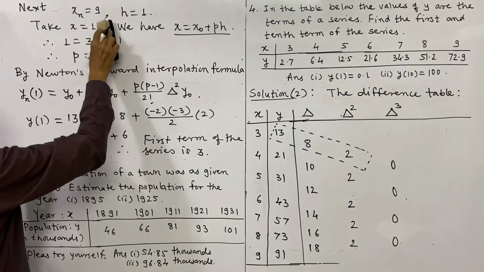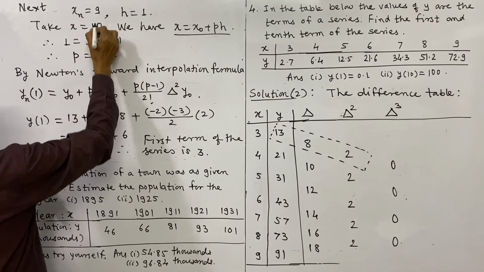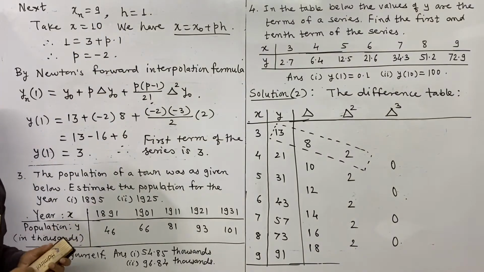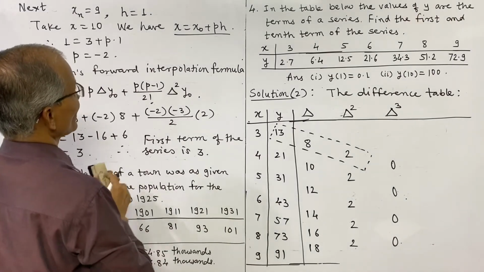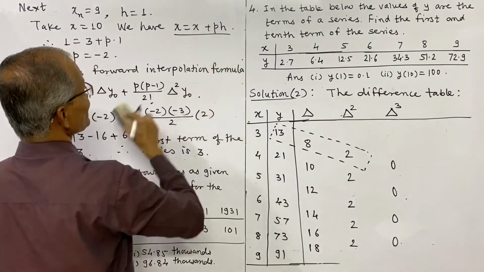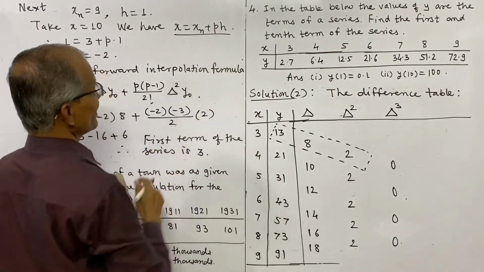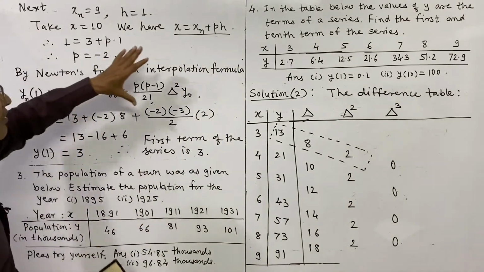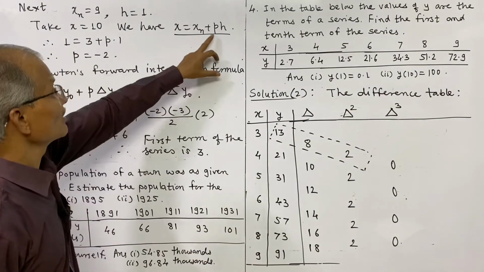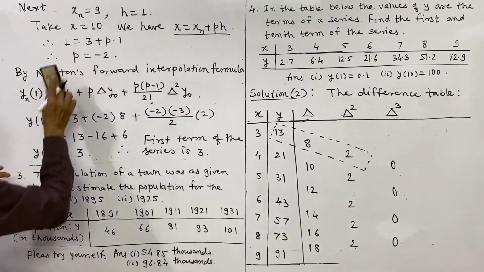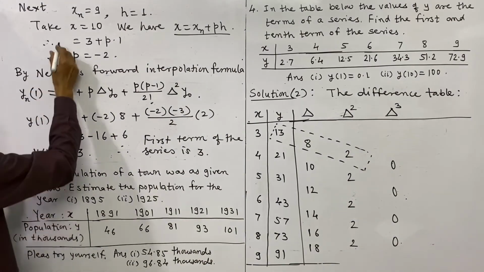Here we have to take x equal to 10, because we want to find the 10th term of the series, and we have the formula x is equal to xn plus ph. Instead of x naught, we are now taking the value at the end of the table, xn, that is 9, plus ph, and thus this becomes x is equal to 10.